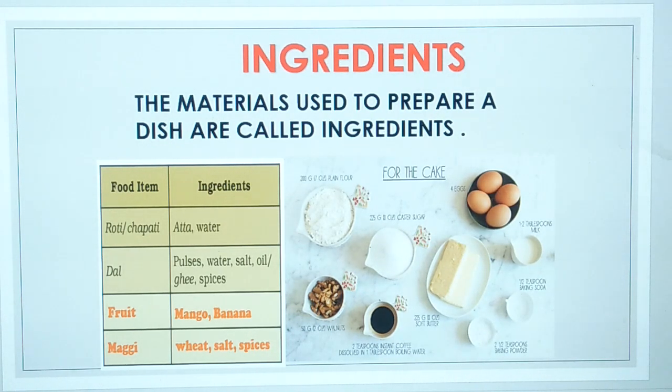Similarly, when your mother makes dal, she uses dal, water, salt, oil or ghee, and other spices. So all these things together are called ingredients. Similarly, you can find out what are the ingredients used to make a pizza or a cake or ice cream.